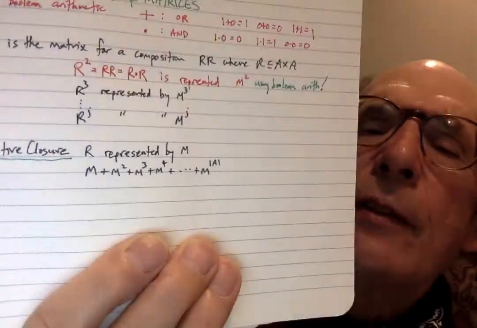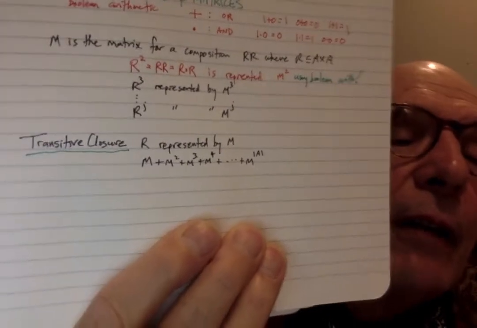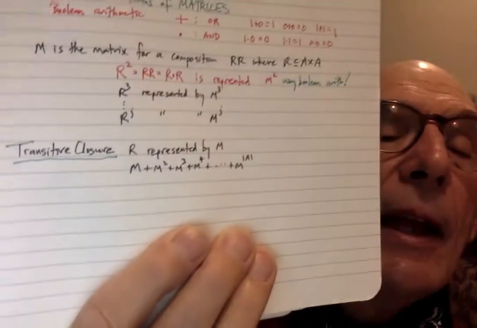So power for a matrix makes sense because M squared is M times M, M cubed is M times M times M, and so forth and so on. And the last one that you're going to need here is M to the order of the set. So there's the formula for the matrix of the transitive closure. And so remember, that's doing Boolean arithmetic. Let me highlight that. So this is Boolean arithmetic.